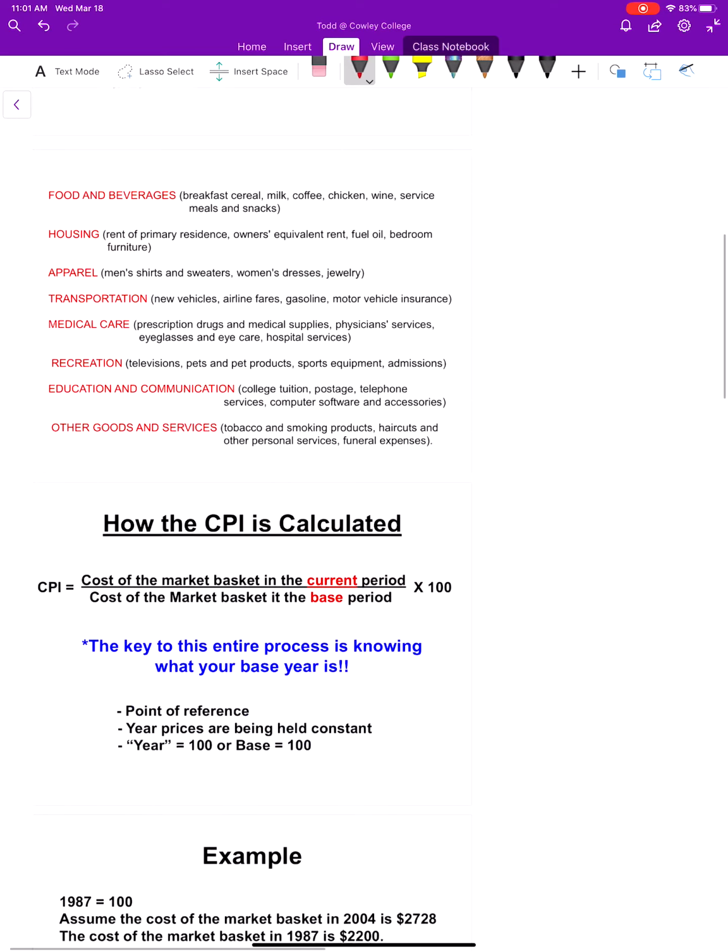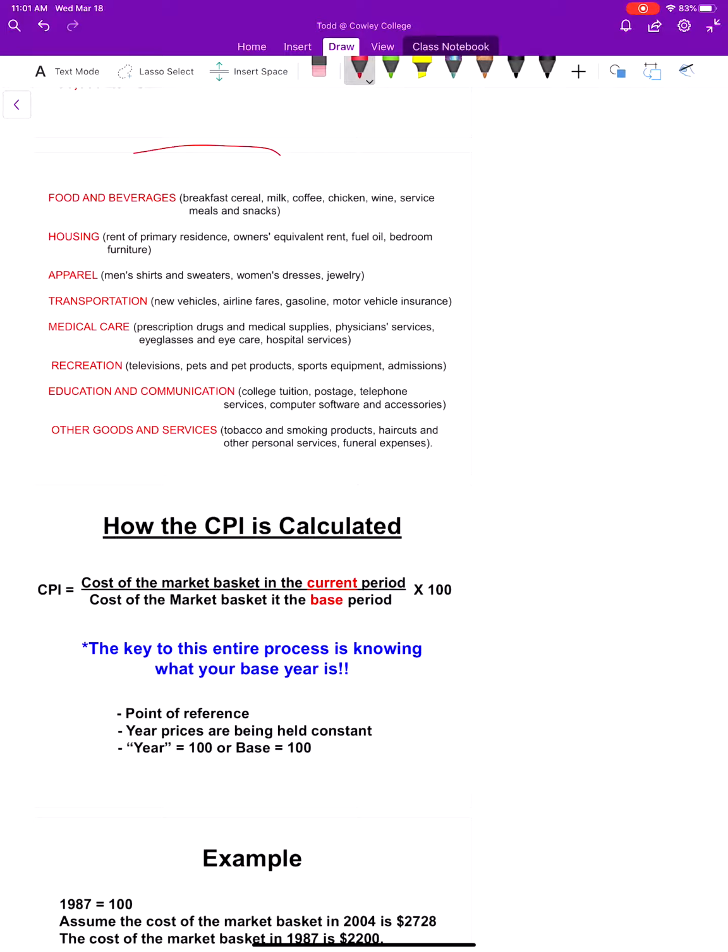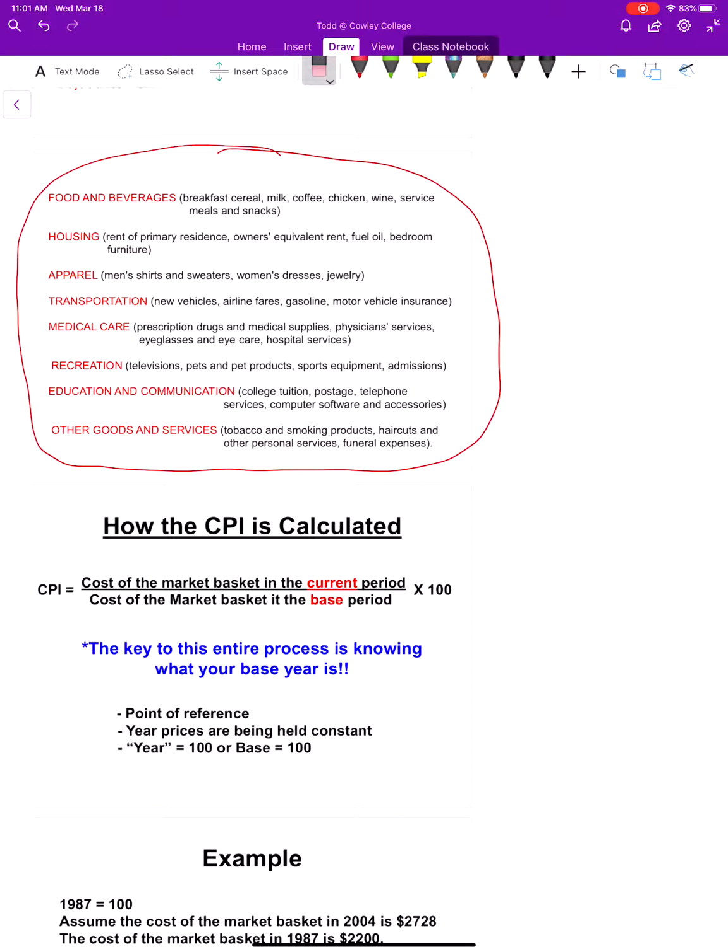Just to give you some idea, these are some of the larger items. Again, there are over 200 major categories. But food and beverages, housing, any clothing that you buy, transportation costs, medical care, what have you, all of this is going to end up in this market basket by the time it's all said and done.